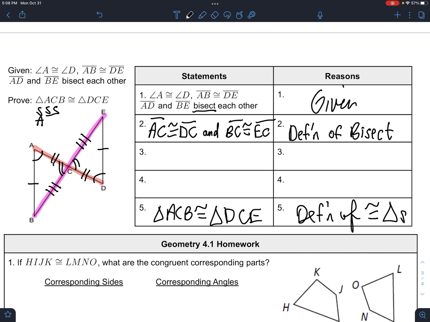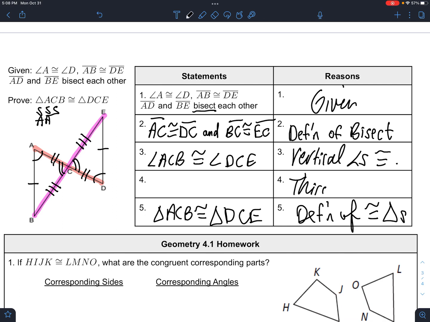So whenever angles meet at a point like that, there's going to be vertical angles. So that would be angle ACB and DCE. Vertical angles are always congruent. And we need the third angle, but that's guaranteed.